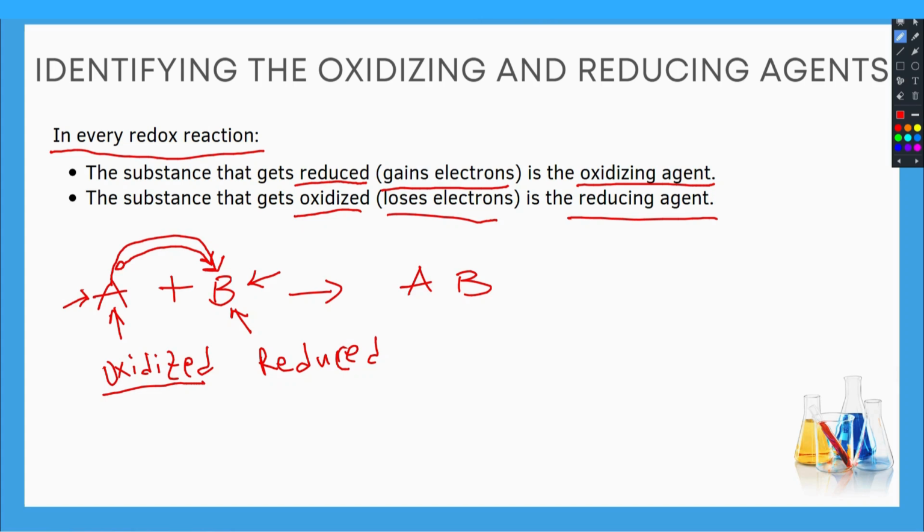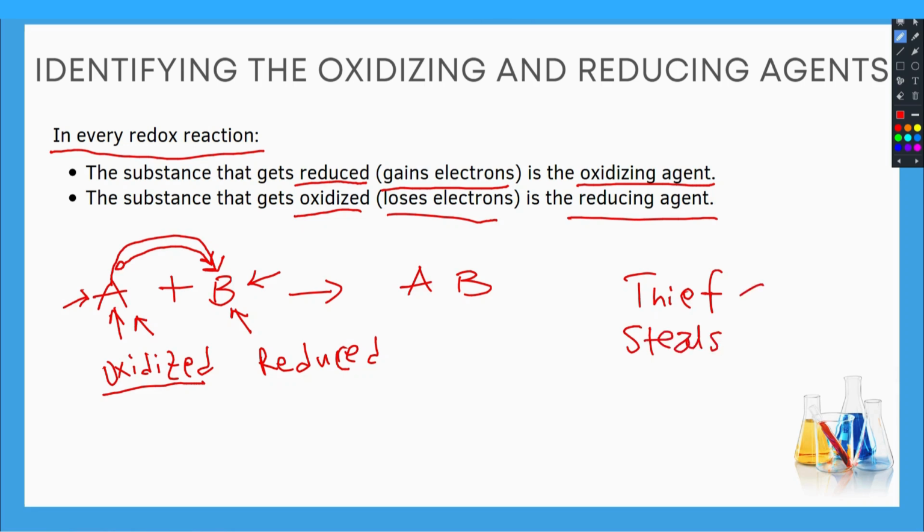The same thing goes for B. B is reduced, but B now becomes an oxidizing agent because it is the one that made this A lose its electrons. Now, it's just like the example of, this is not a very good example, but I'll still give it anyway. The example of, let's say, maybe a thief now, right? A thief comes to a person's house and then steals.